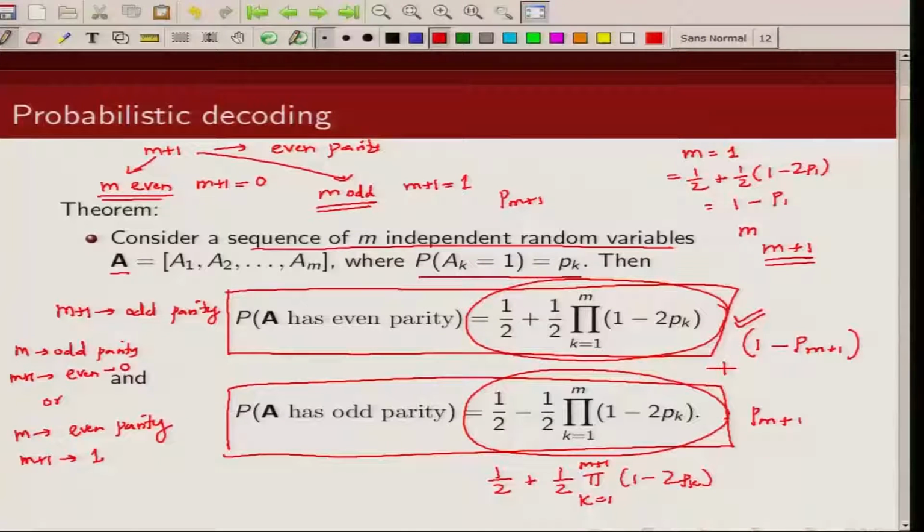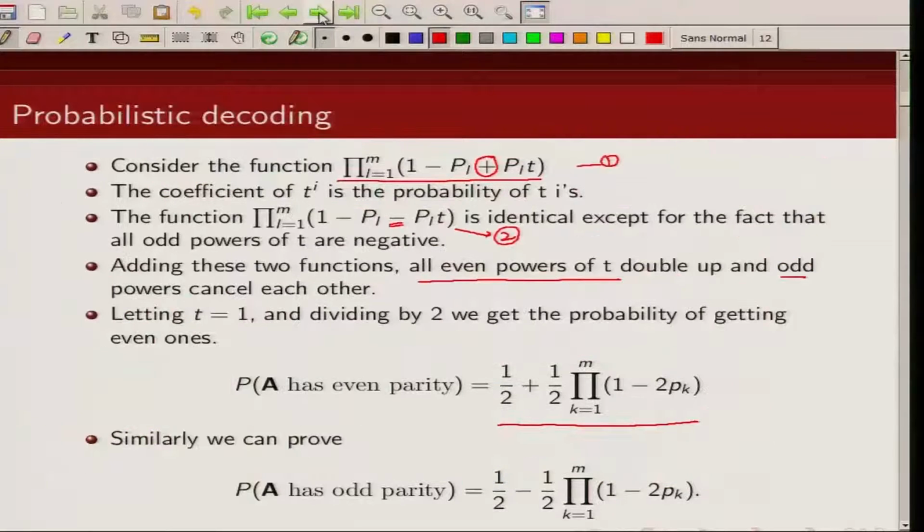So, similar to this case, we can also find these probabilities, and if we add them up, we can show that this will be equal to half minus half the product from k equal to 1 to m plus 1 of this. So, we can say that the probability that A has even parity is given by this, and the probability that some of these m random variables have odd parity is given by this. These are the crucial expressions that we will be using in our decoding algorithm.